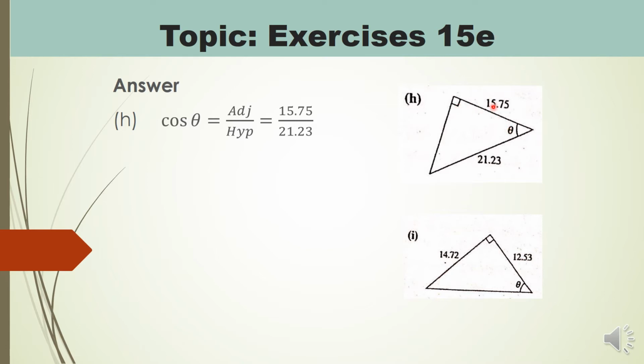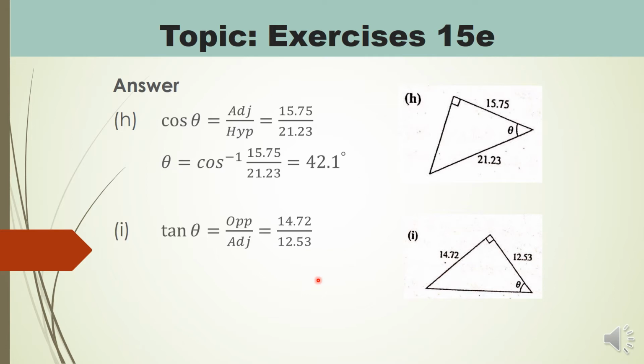We know the adjacent and the hypotenuse, so you have to use cosine, which equals adjacent over hypotenuse. The adjacent is 15.75 and the hypotenuse is 21.23. To find theta, you have to use cos inverse of this number, which equals 42.1 degrees.